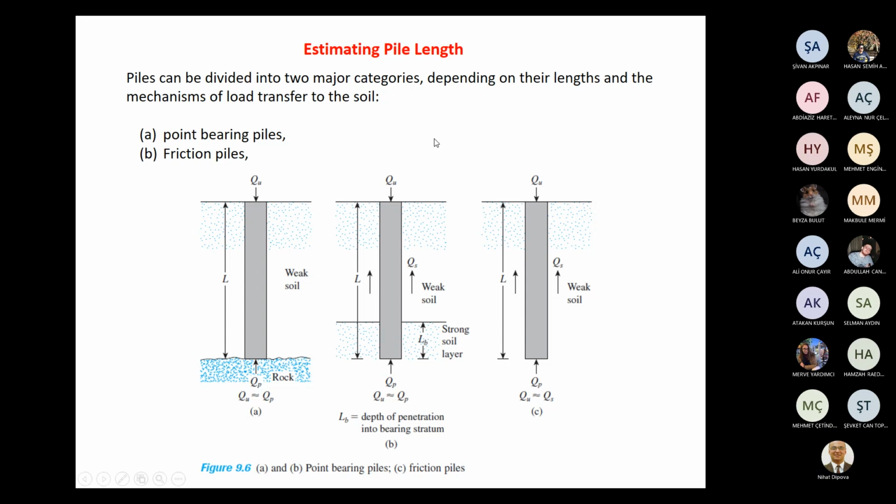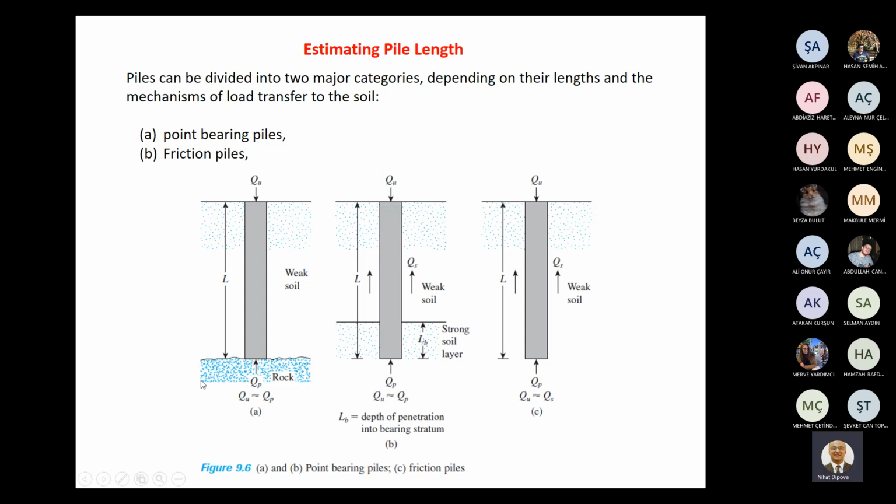Actually, this capacity comes from resistance along the shaft, or along the interface between concrete and soil, and end bearing. So, considering the components of pile capacity, we can categorize piles into two: point-bearing piles and friction piles.